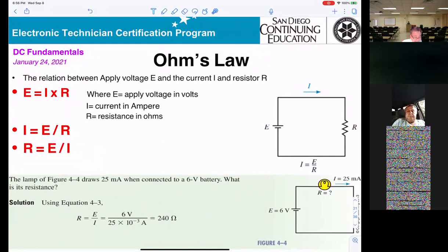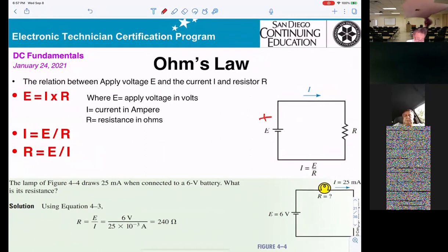Okay. Now, next, Ohm's law. This is the first law we'll be learning in DC circuitry. If you look at this circuit here, you have one power supply E, and the value will be positive here, negative here, and you have the resistor.